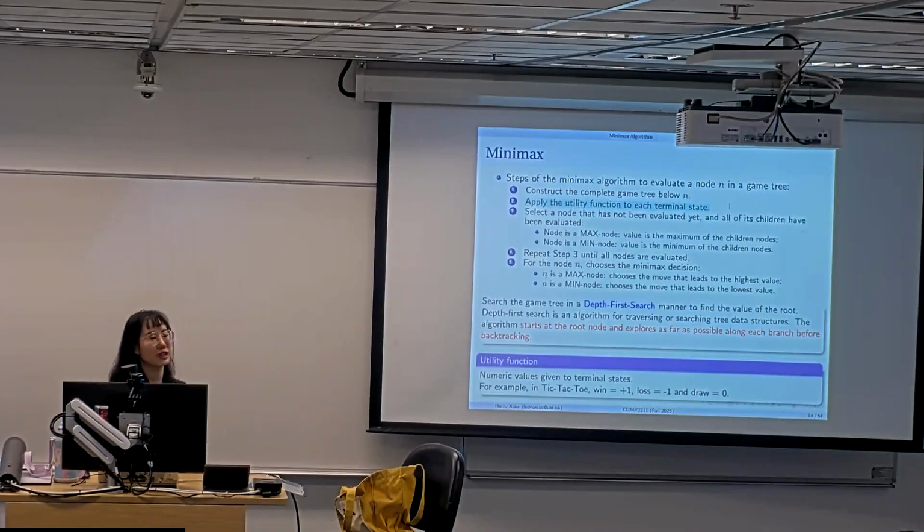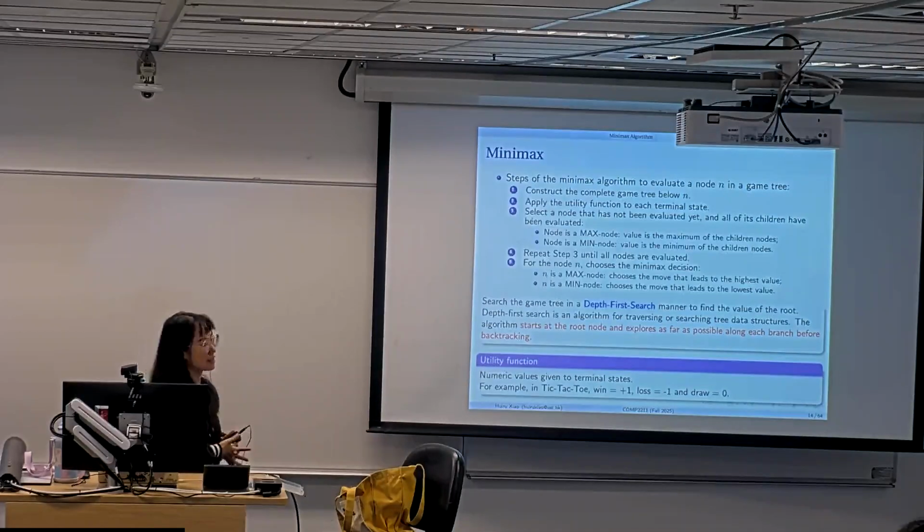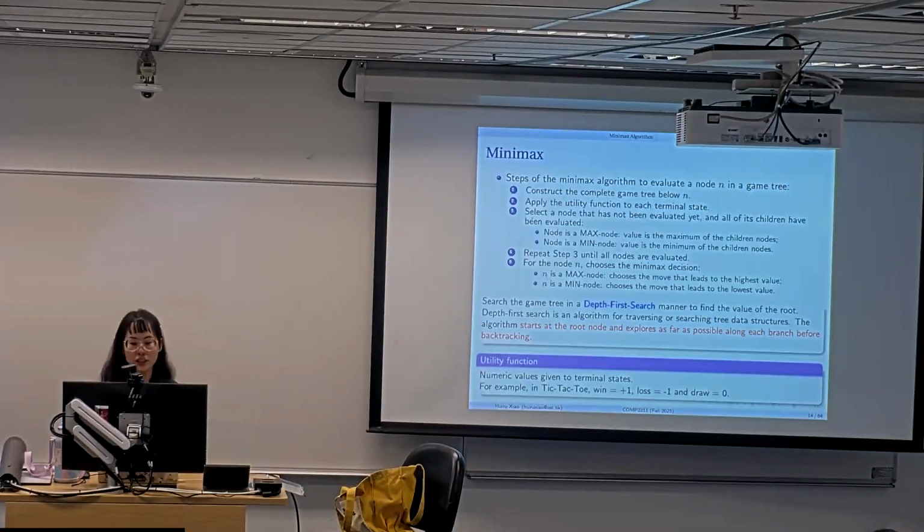Next, we will evaluate all the game states in such a complete game tree and then decide the best action. So step 3, we will select a node that has not been evaluated yet, and all of its children have been evaluated. If the node is a max node, it means it's the max player's move.